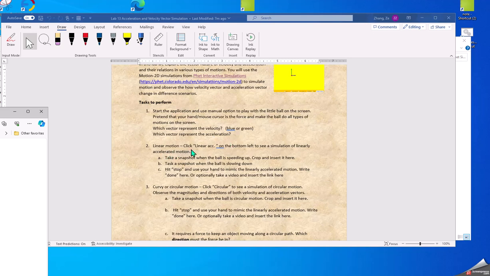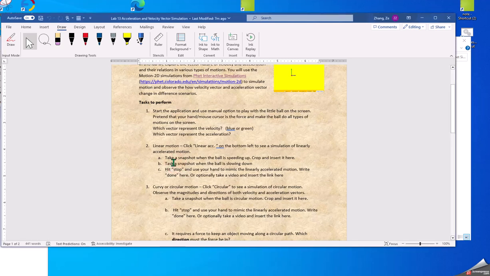Linear motion, click linear acceleration at the bottom, and let it simulate. Take a snapshot when the ball is speeding up. Insert here. Okay, insert the snapshot. That is a little tricky. That's the computer trick, but it's not hard to do.